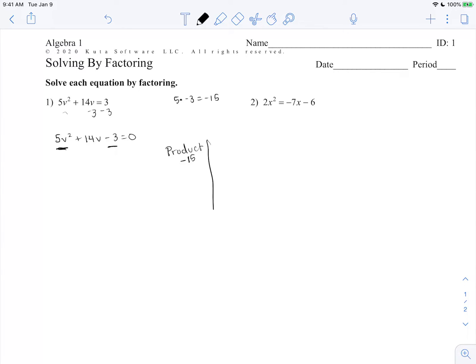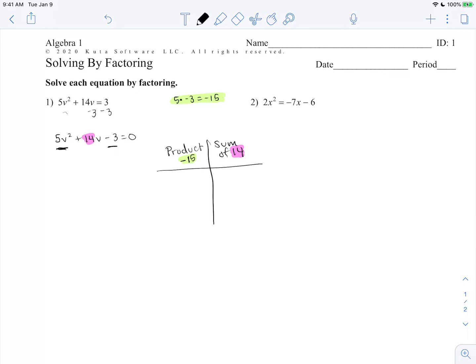And we're looking for a sum of 14. The negative 15 comes from multiplying these two numbers together, and the 14 comes from this middle term right here.